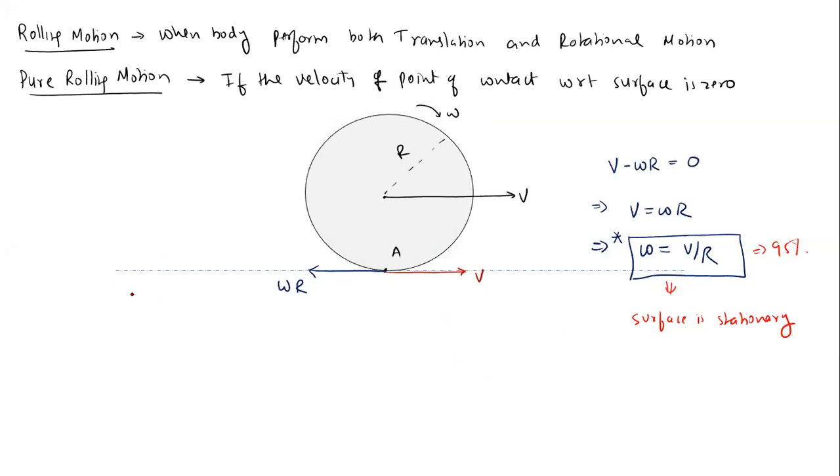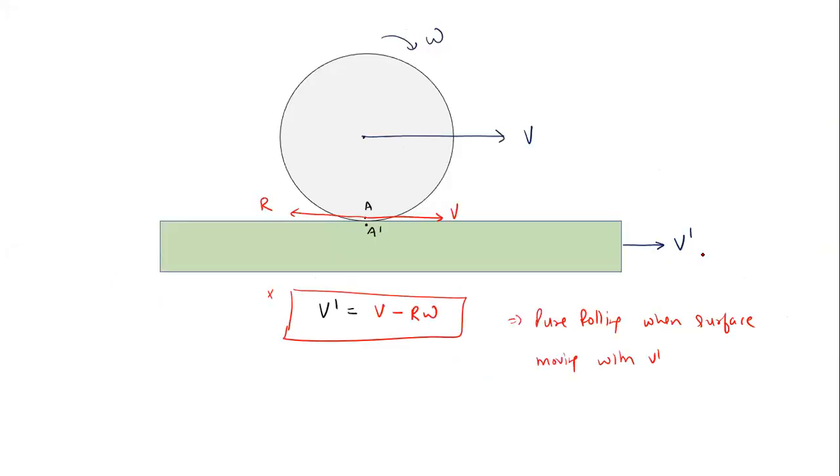So when there is a ground or stationary surface, then for the pure rolling condition omega must be equal to v by r. Now when the surface is also moving with velocity v dash, the velocity of the point of contact should be the same as the velocity of the plank. That is, v dash must be equal to v minus r omega. That is the condition for pure rolling if the surface is moving with v dash velocity. Okay, fine. Understood this point or not?